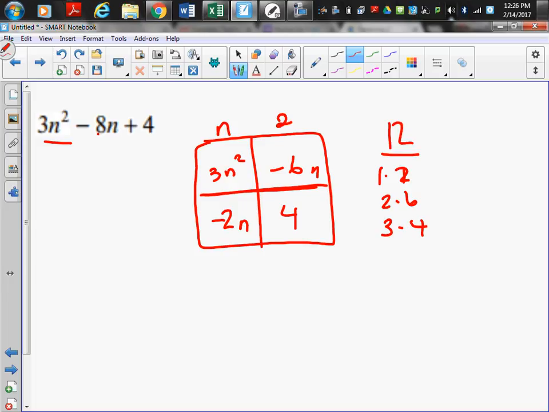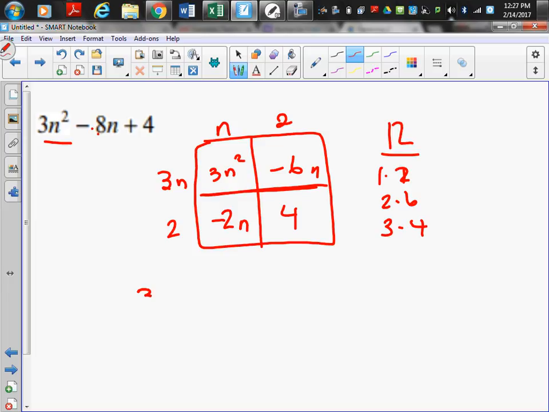All right. And 3 and 6 is 3n. And negative 2 and 4 is 2. All right. And we know they both have to be negative, because this tells me they multiply to get positive, but I must have 2 negatives.